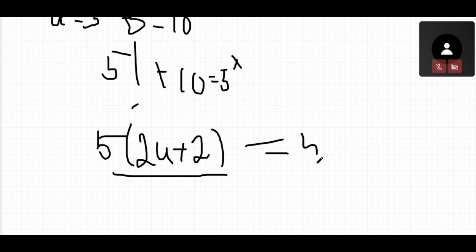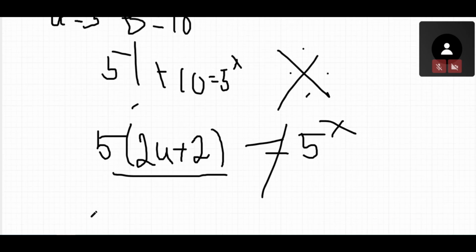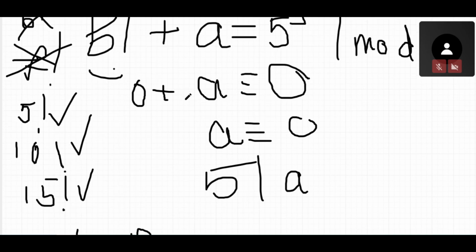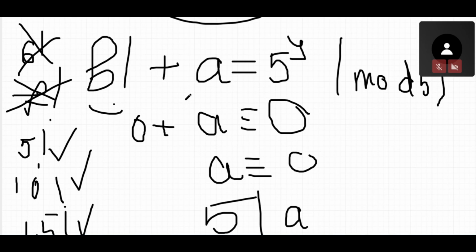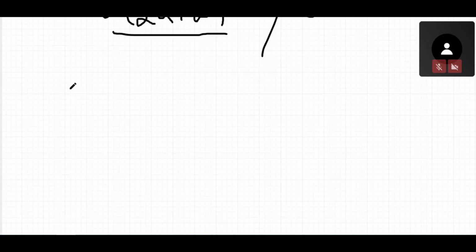It already means that it's not a power of 5, because there is a contradiction. Okay, let's prove that there is no other solution besides these first ones. Let's write the proof of why we only have 3 solutions there.